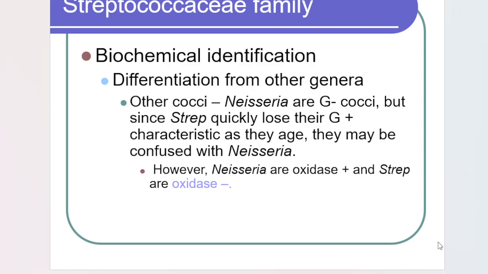Okay, so if that's the case, you may or we may confuse this streptococcus with Neisseria. Okay, so if this happens, the oxidase test may verify or may differentiate them. Neisseria are oxidase positive, while Streptococcus are oxidase negative. Okay, so Neisseria oxidase positive, Streptococcus oxidase negative.